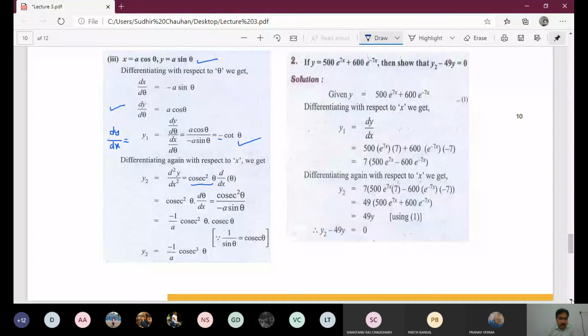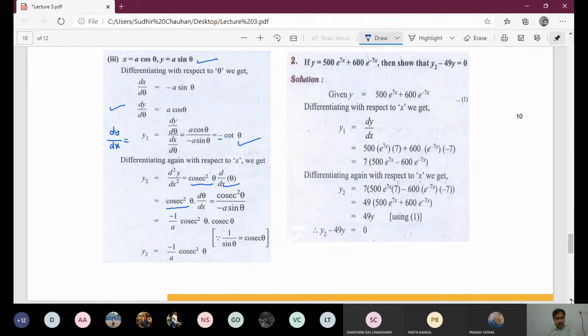And then we have to write the differential coefficient of theta with respect to x, so it is d theta by dx, because we have to differentiate with respect to x and it is in the form of theta. Now it is minus cosec square theta into d theta by dx.